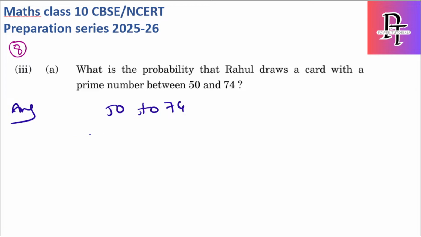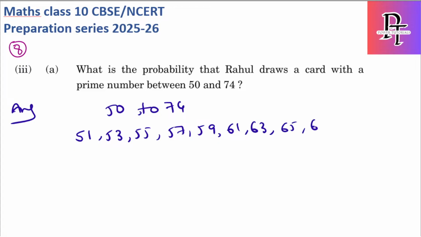Okay, so look, we can exclude all the even numbers because all the even numbers are divisible by 2. So I'll just note all the odd numbers and then we'll exclude from those odd numbers. We have 51, 53, 55, 57, 59, 61, 63, 65, 67, 69, 71, 73.